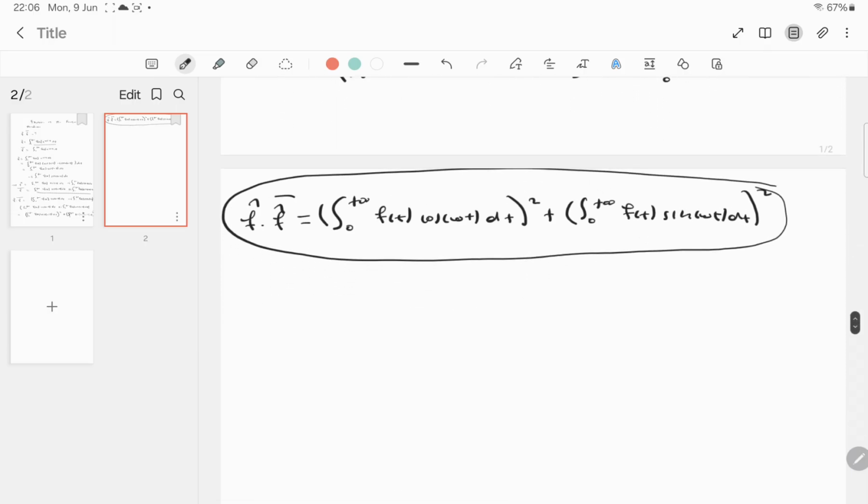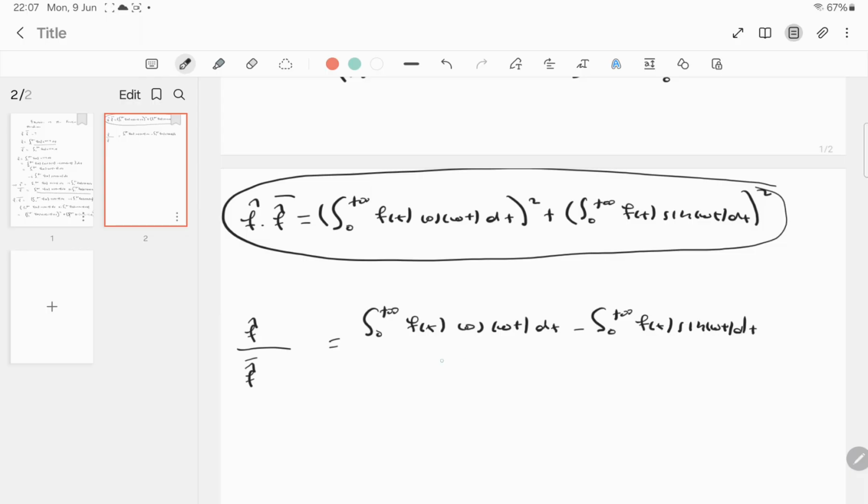Now let's say that you take f hat over f hat bar. The numerator is the integral from 0 to infinity of f of t cos omega t dt minus i times the integral from 0 to infinity of f of t sine omega t dt. And the denominator is the same thing, but with a plus i here.